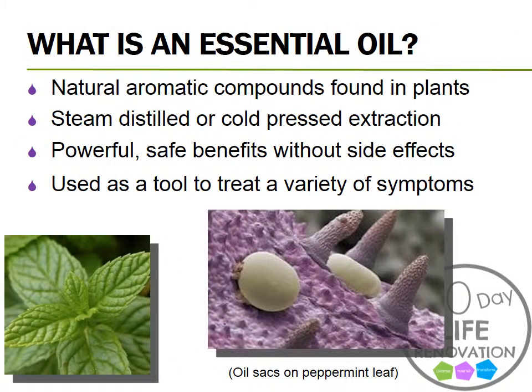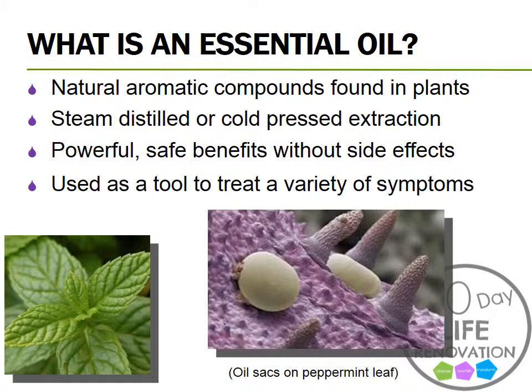An essential oil is a natural compound found in plants, and it's typically the compounds that give plants their smells, so they're aromatic. They can also be compounds that give plants their color and other characteristics, such as natural defense mechanisms in the form of chemicals.